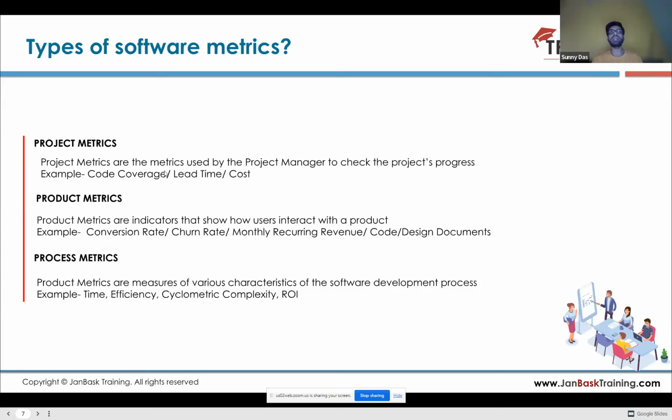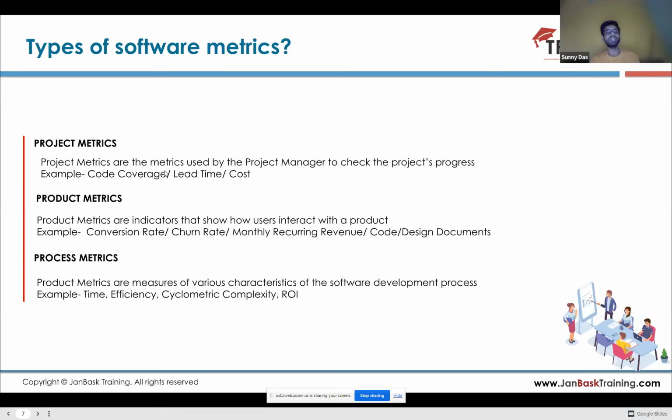If you are working in a product development company, there you will have a different kind of metrics. So based on the organization, the culture or environment you are working in, they are going to use different kinds of software metrics.